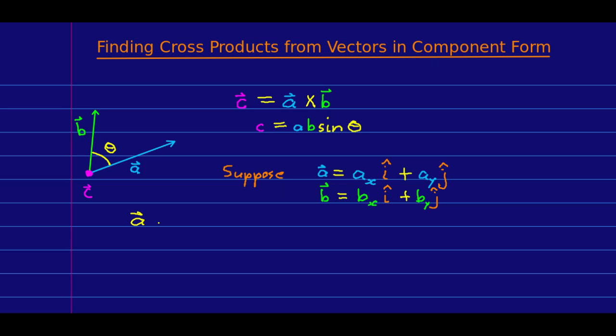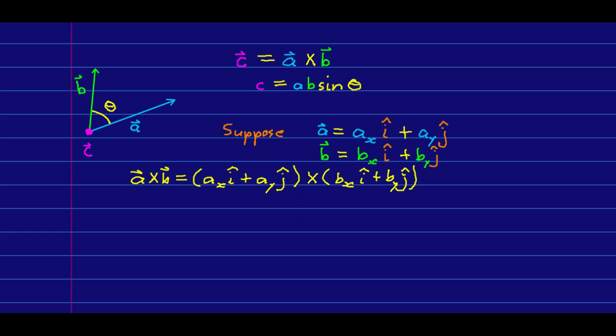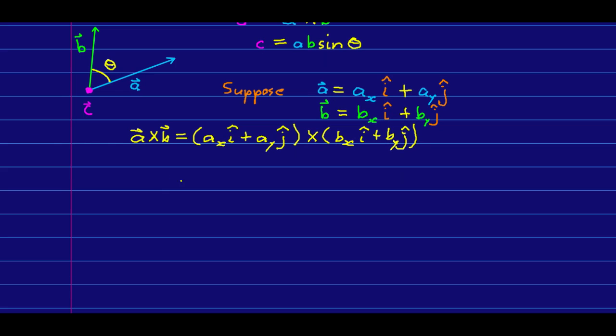So A cross B, this multiplication works like any other, where we have to multiply each thing in the first parentheses by each thing in the second parentheses.